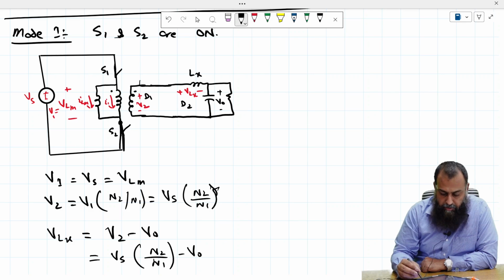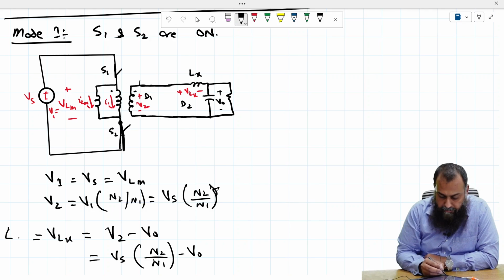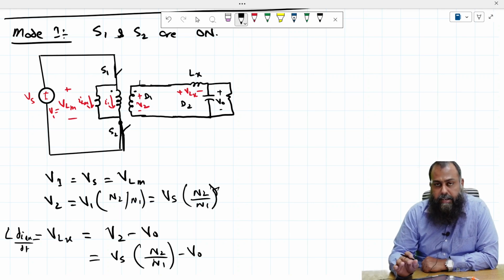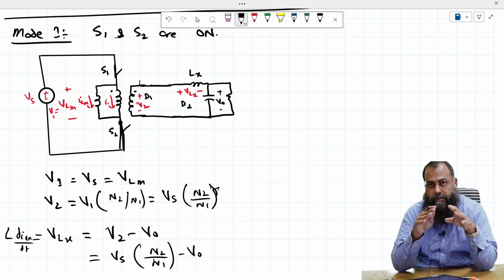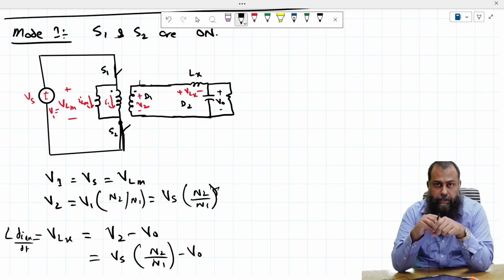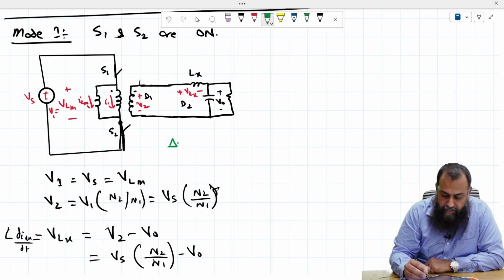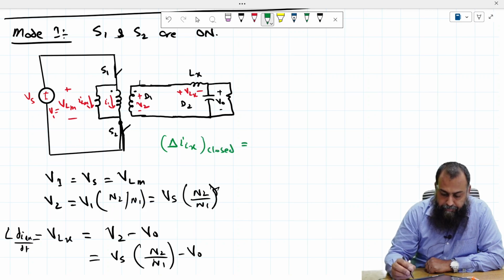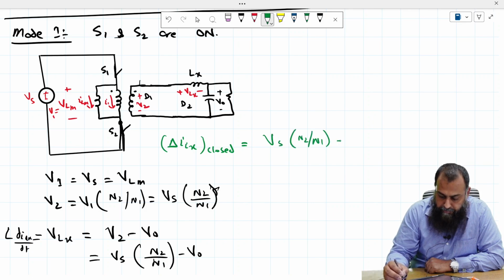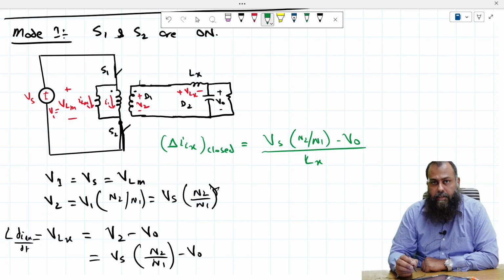We also know that VLX is equal to L dILX over dt, and therefore when we have turned on the switches S1 and S2, the rate of change of the current through the inductance Lx is delta ILX when the switches are closed, equal to (Vs N2 over N1 minus V naught) over Lx. This is the time when we have turned on the switches S1 and S2.